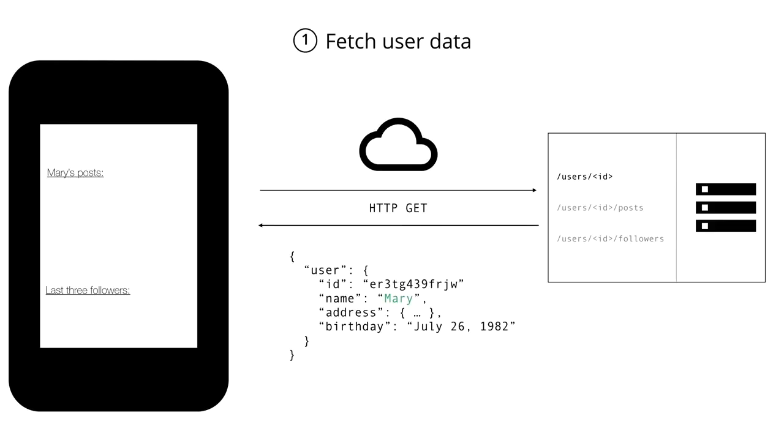But notice that at this point, we are not only downloading the user's name that we want to display inside the application, but we are also downloading additional information that at this point in time is not relevant to the application, such as the user's address or the birthday. By downloading this additional data, we are putting weight on the user's data plan with information that's actually not required in the app. This is not a desirable situation. But now at least we have access to the user's name and can display it on the profile screen.